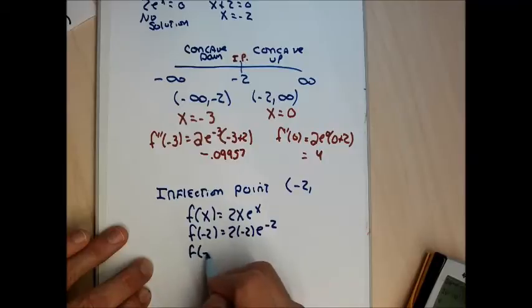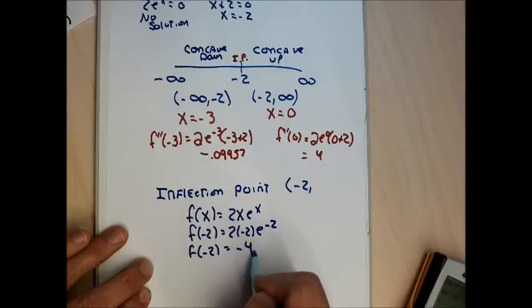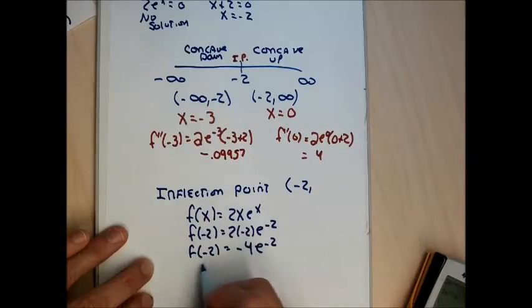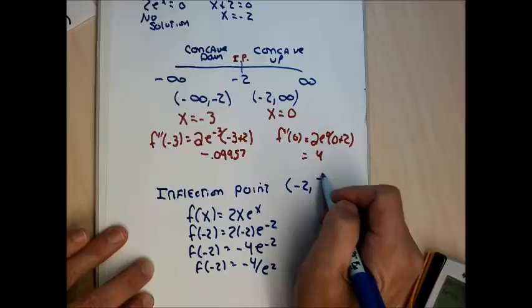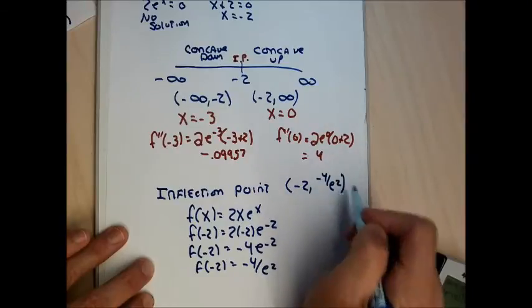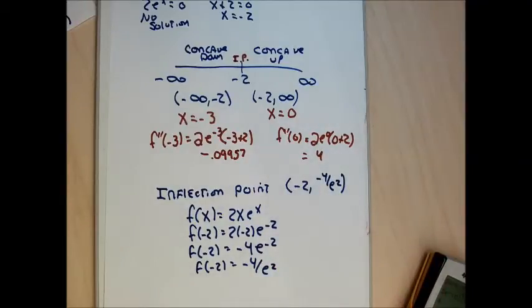That's going to give me f of negative 2 equals negative 4 e to the negative 2. And that's going to give me f of negative 2 equals negative 4 over e squared. That's going to be the y-coordinate of the inflection point that I'm going to write for my answer. It's not going to help me graph, but I'm going to use it here to write some answers.